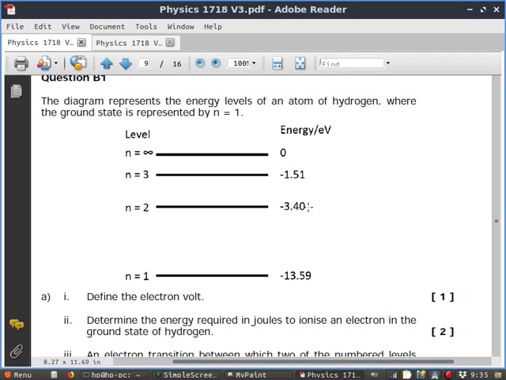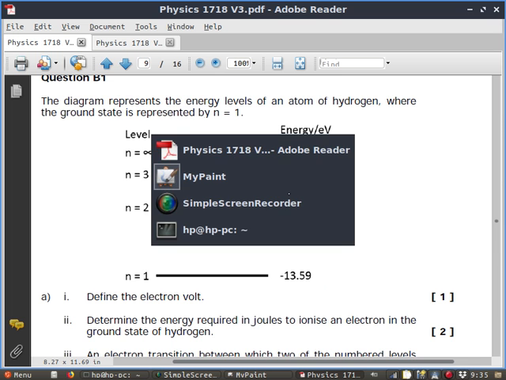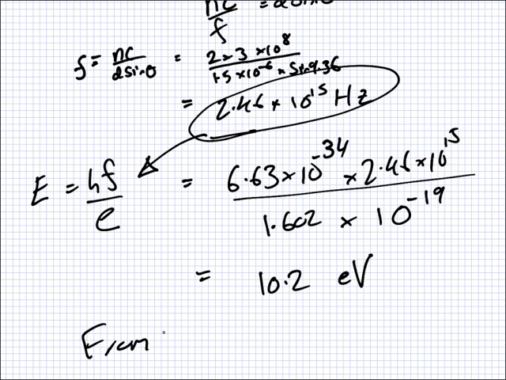10.2 is probably 1 and 2. Is it exactly 10.2? Oh yeah, you round it off. From n equals 2 to n equals 1.